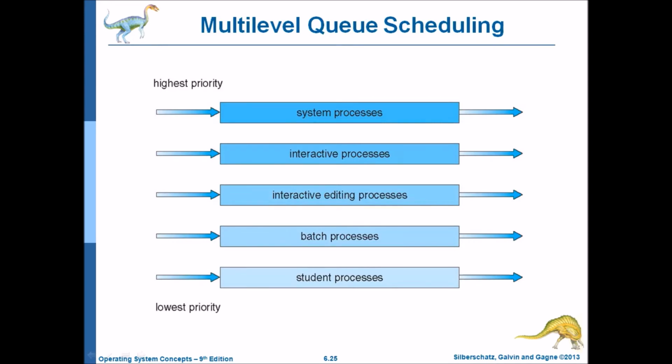So no process in the batch queue, for example, could run unless the queues for system processes, interactive processes, and interactive editing processes were all empty. And if an interactive editing process entered the ready queue while a batch process was running, then the batch process would be preempted.